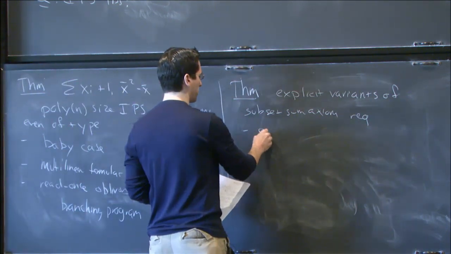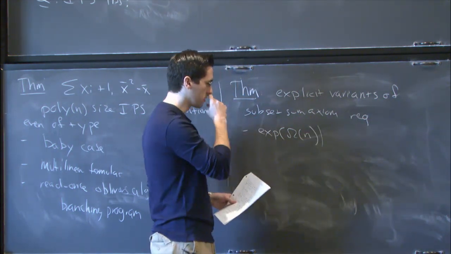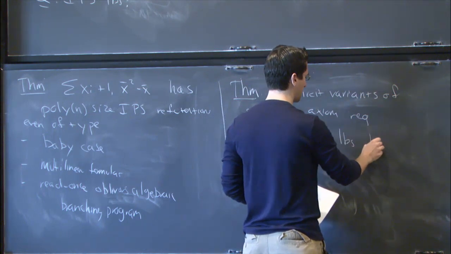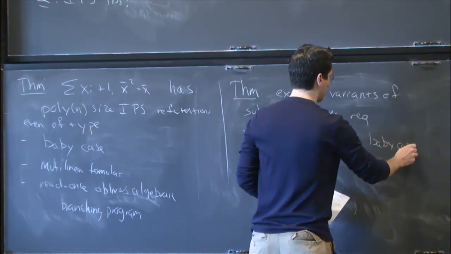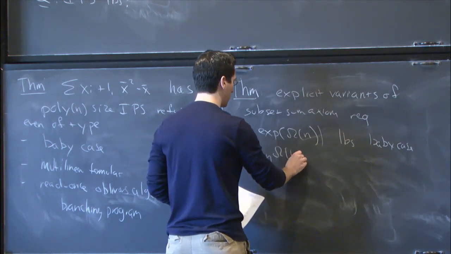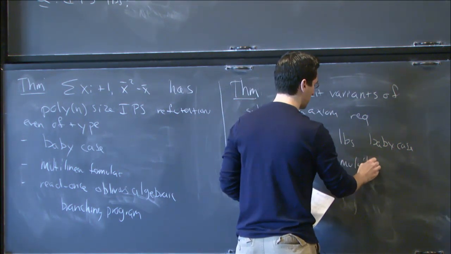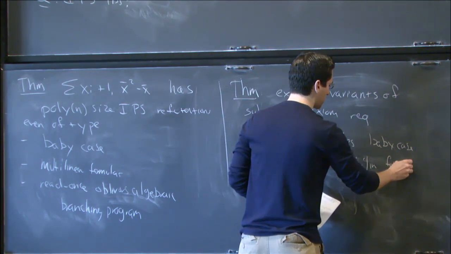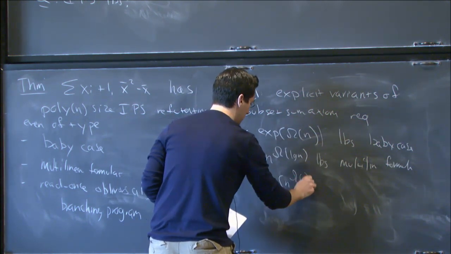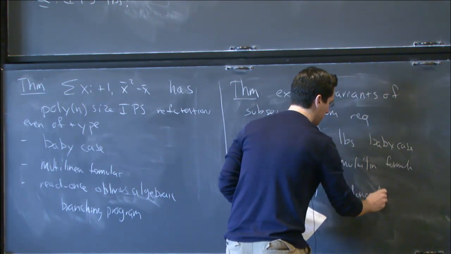So you can get exponential in n, where n will be the number of variables in the system. Exponential in n lower bounds for the baby case. You can get n to the omega log n lower bounds for multilinear formulas. And you can get exponential in n to the omega 1 for these read-once ABPs.